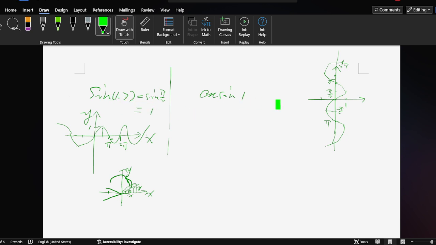But arcsine 1, what value? What does arcsine mean? Here we give an x value, we find y. And arcsine means we give y its value, we get x. But that's not important. So here, we can write it here.